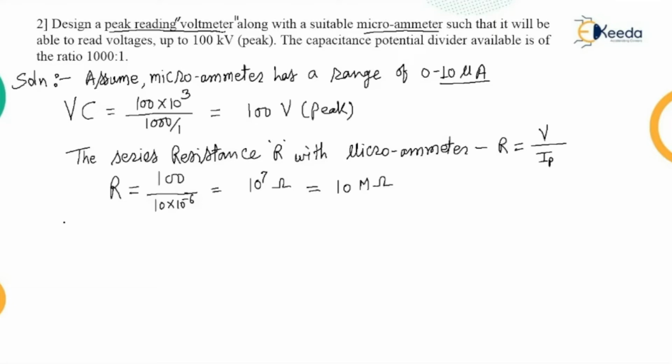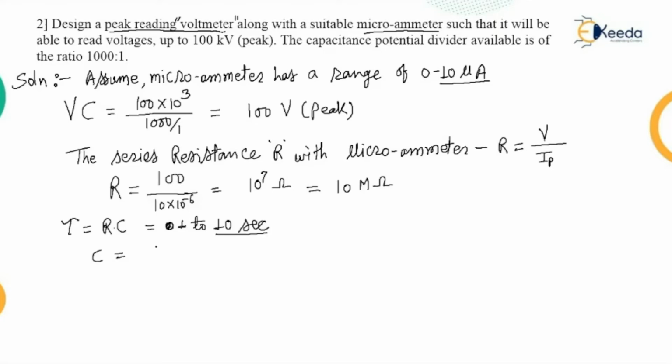Now, we know that the time constant tau is given by R into C. Let us assume that it has a range from 1 to 10 seconds. Let us assume the value of tau is 10 seconds.